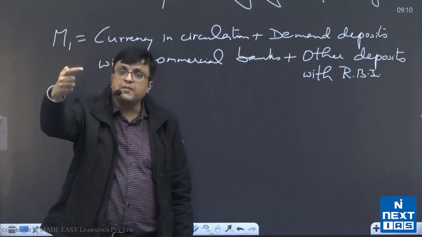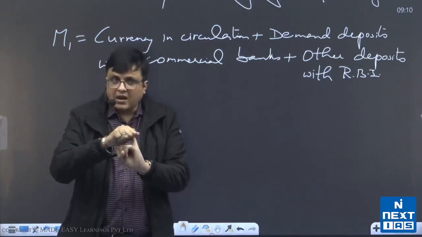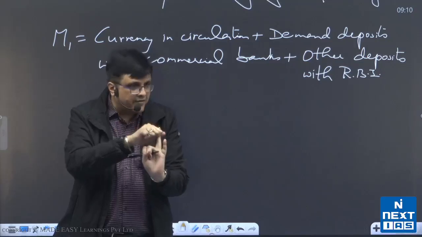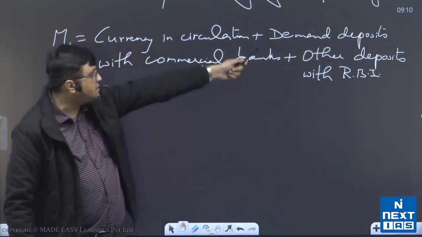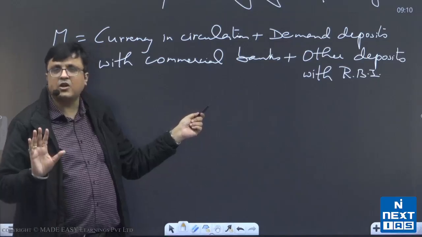So above that minimum balance is freely withdrawable. So again I repeat, current account deposit with the bank and all money above the minimum balance in the savings bank account, they qualify as demand deposits with the commercial bank. Is everybody clear on that?